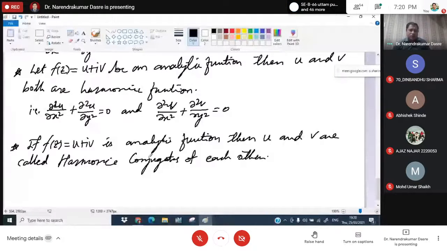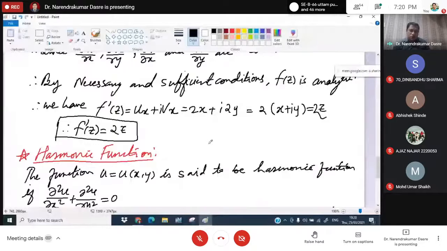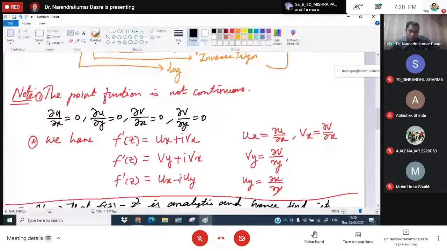So here, f dash of z is equal to ux minus i uy, or f dash of z is equal to vy plus i vx, and using these two equations, if I integrate, I am able to get f of z. So if we know the real or imaginary part, then we are able to get the original analytic function f of z.